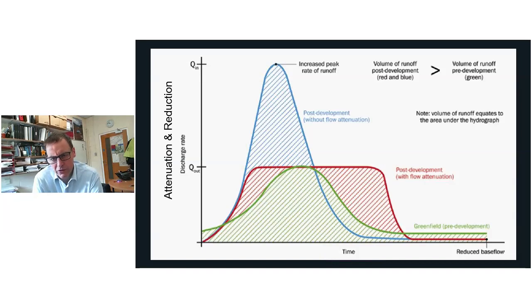That means you've not got the extra flow velocities in the river, and there are environmental benefits because you're less likely to damage the environment through the erosive forces of the flows. But if you look at the area under the red curve, it's much larger. That's because it's attenuating the flows, perhaps like a natural catchment would, but it's not allowing any infiltration. So it is possible with a separate system to reduce the peaks if we use storage, but because there's no infiltration, we still get that higher volume.